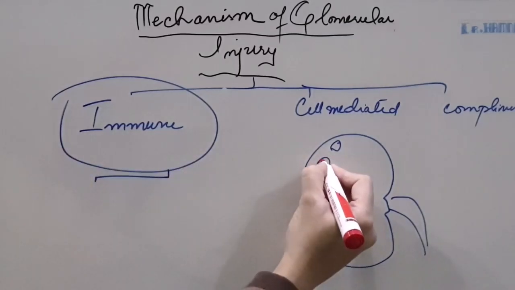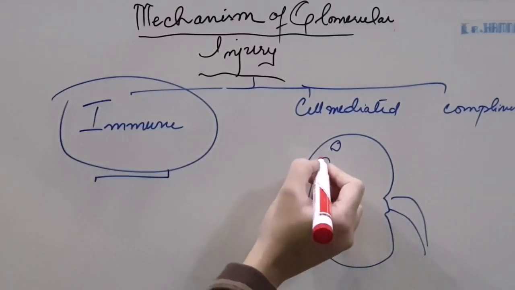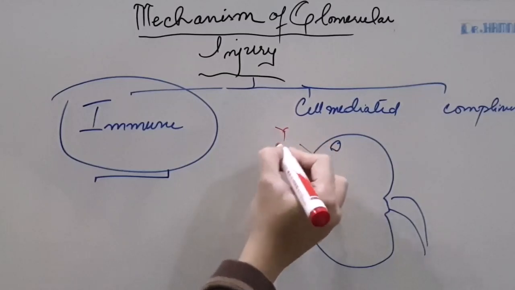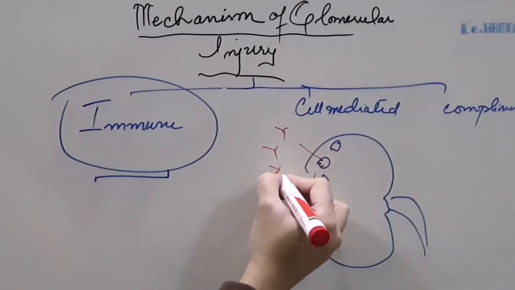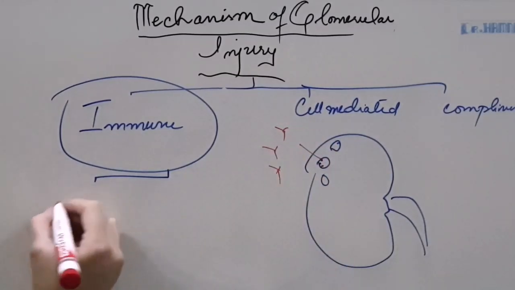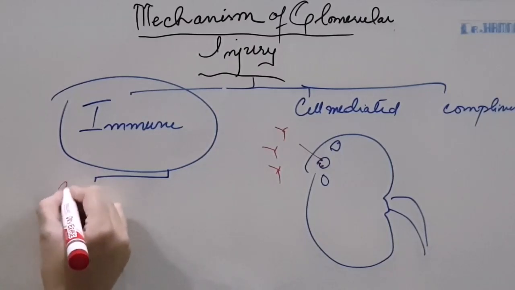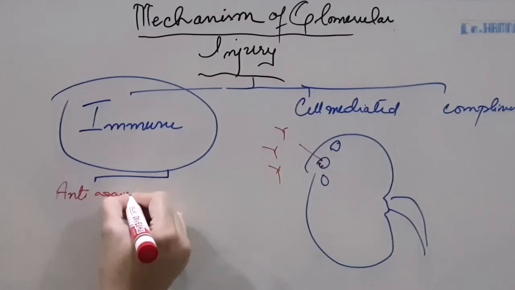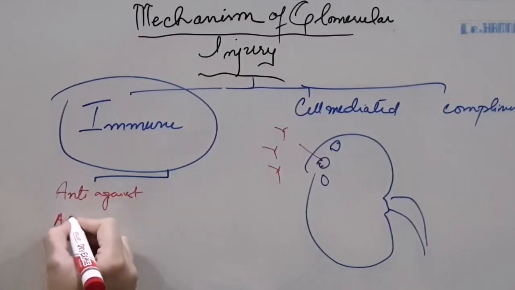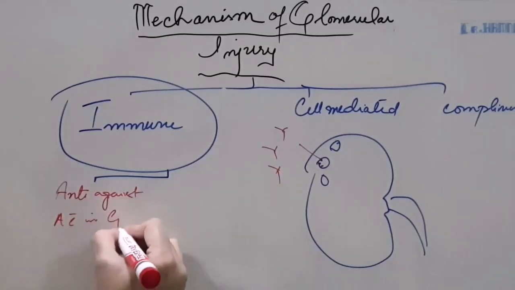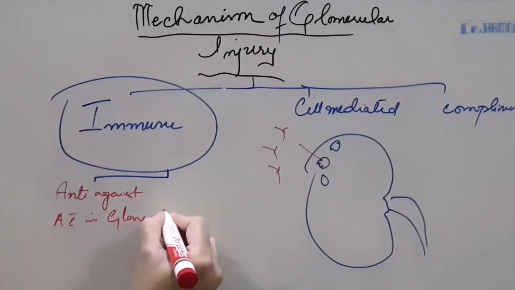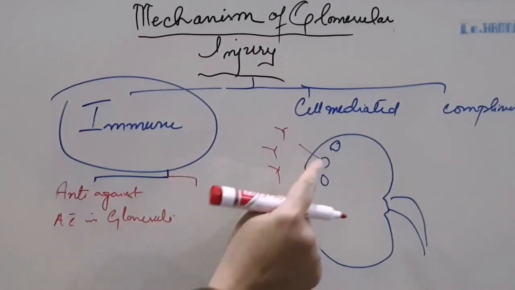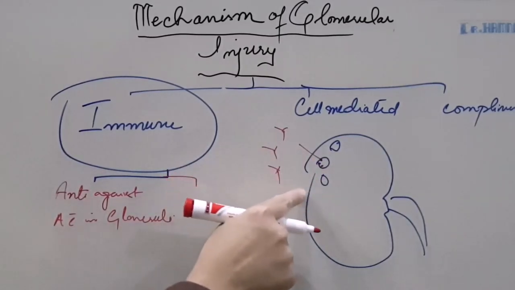When antibodies are produced, these antigens. So this is one form, antibodies against antigens within glomeruli.